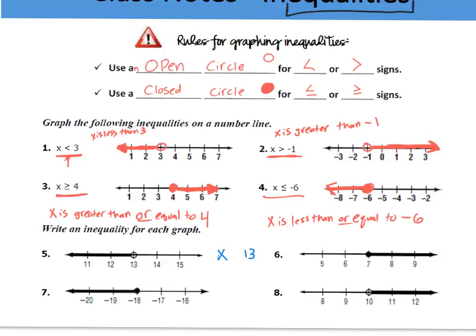X is less than 13, so I put a less than symbol, and this is for number 5. X is less than 13. Because 12 is less than 13, 11 is less than 13. Go ahead and try 6, 7, and 8. Pause the video and then come back and we can quickly go over the answers.